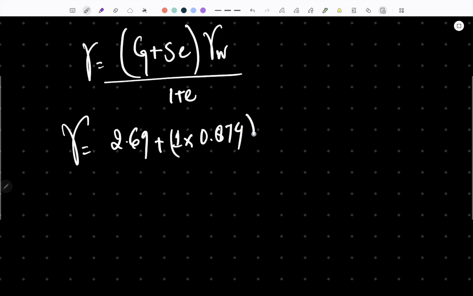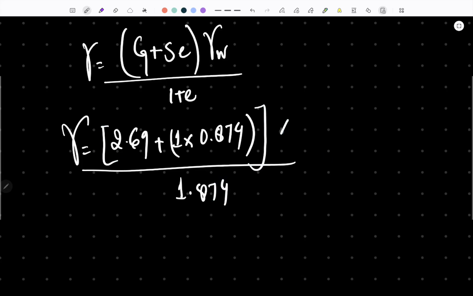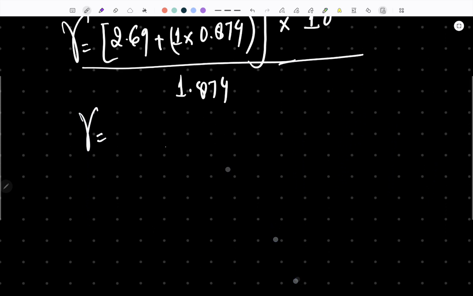Divided by 1 plus e, that means 1.874, and here we have to multiply it with the unit weight of the water, that is 10 kilonewton per cubic meter. By calculations, the total unit weight or the bulk unit weight is equal to 19.01 kilonewton per cubic meter.